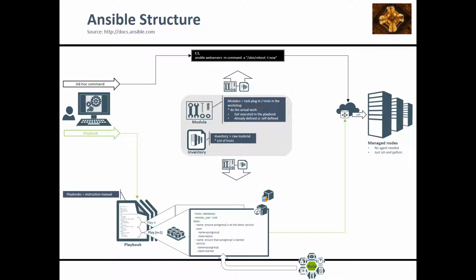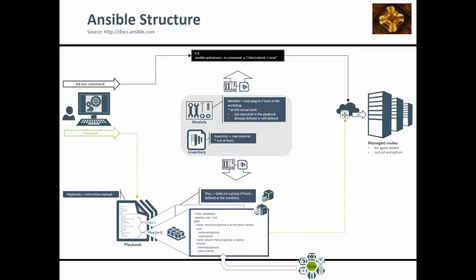By the way, the modules and the inventory are something you use either in the ad hoc command or in the playbook. It's used in both worlds. A playbook is basically an instruction manual. So there's everything written down that you would like to do with your managed nodes. A playbook consists of plays. As you can see here, here's play number n and play number n plus 1.